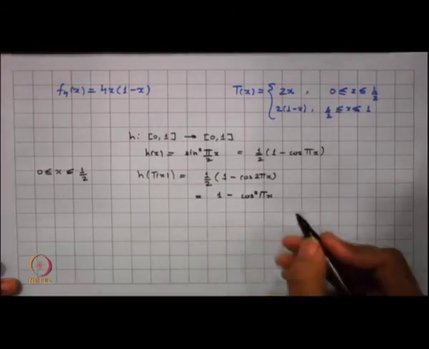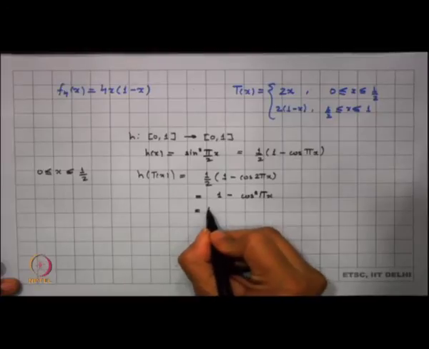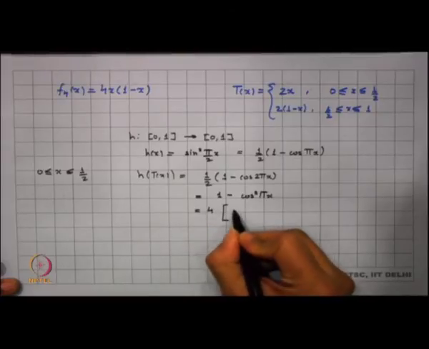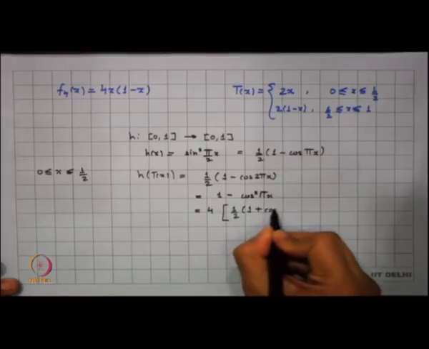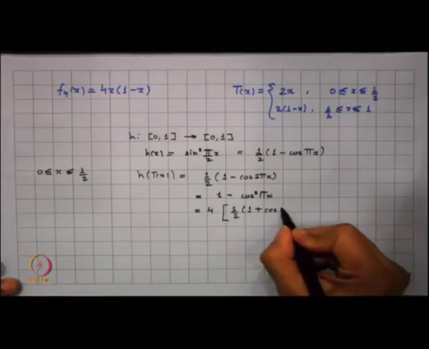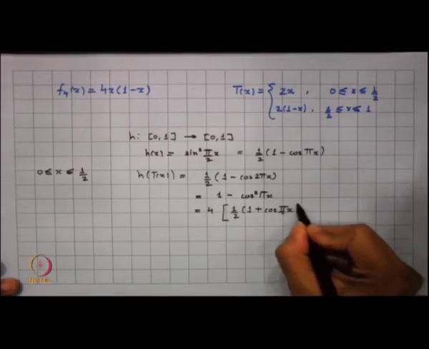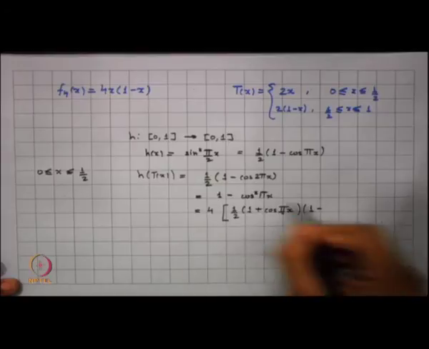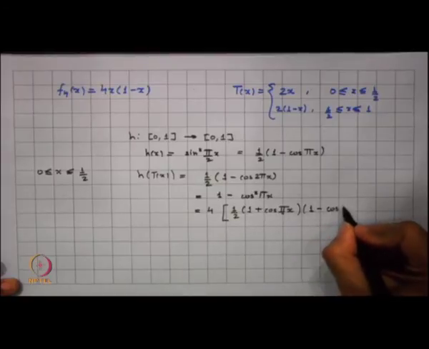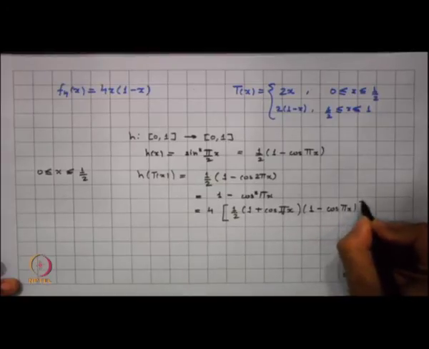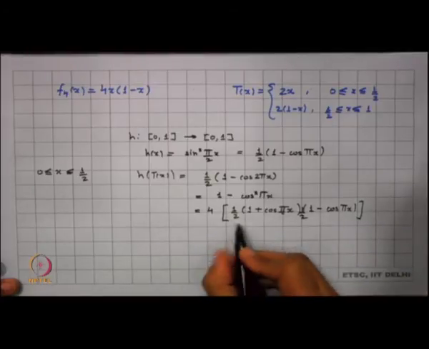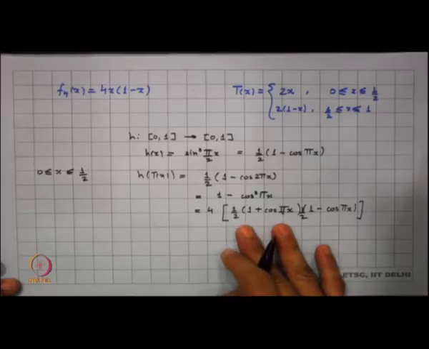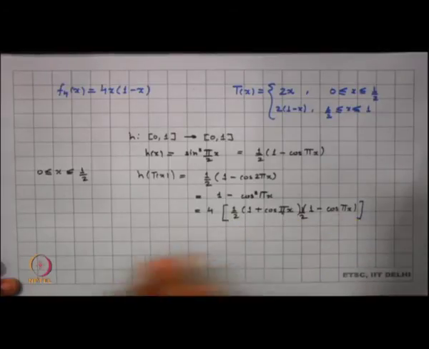Now, 1 minus cos square pi x, I can write again as 4 times half of 1 plus cos pi x into half of 1 minus cos pi x, multiplying by 4.